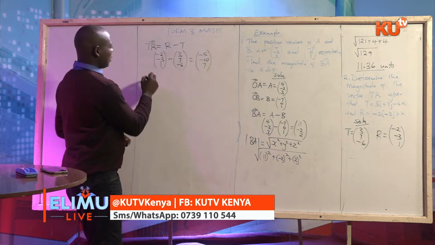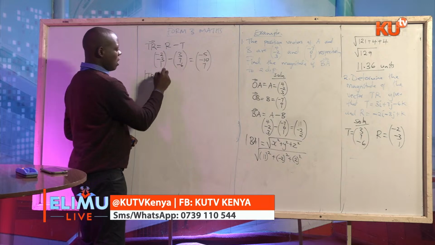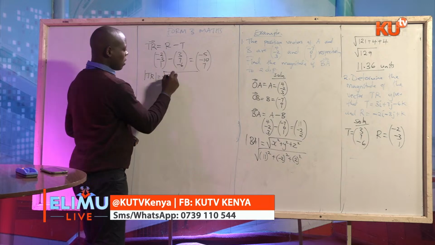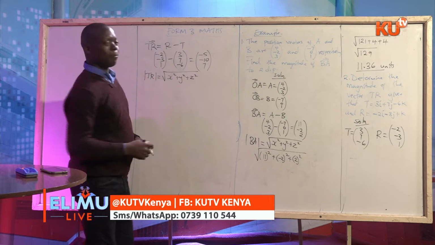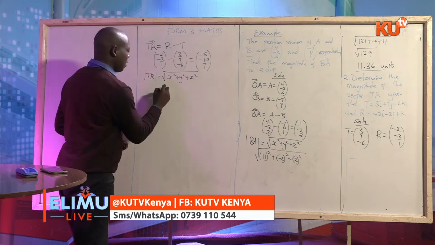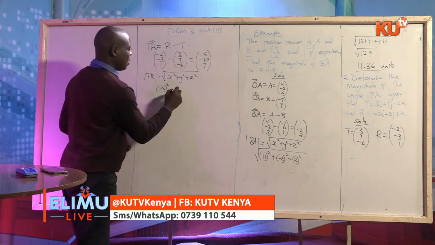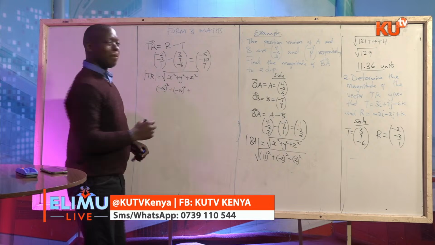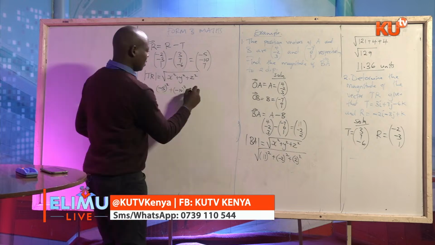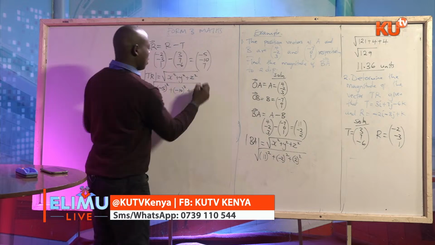Therefore, we'll say our TR, which is the magnitude, will be the square root of x squared plus y squared plus z squared. So let's have negative 5 squared, plus negative 10 squared plus 7 squared. Then we find the square root.